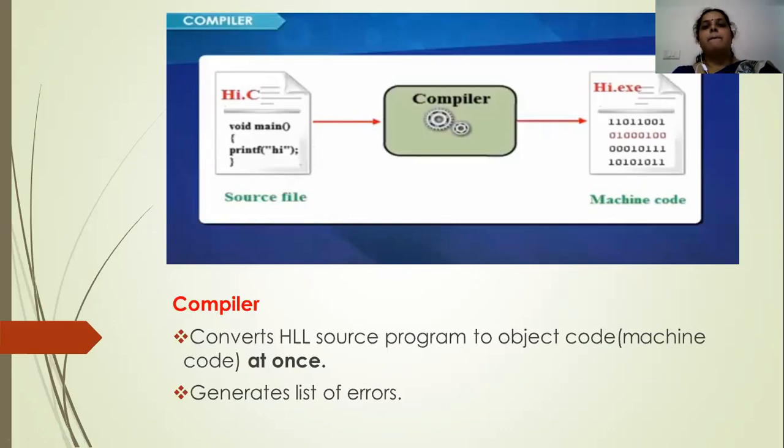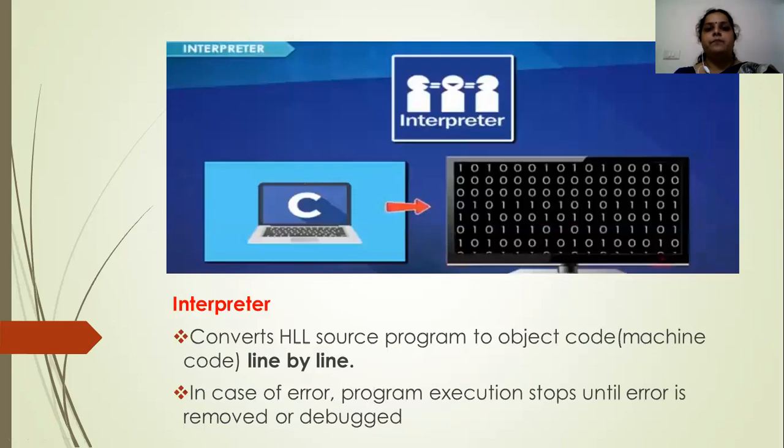But the compiler will convert the whole source program, that one single C++ program you have written, into object code and then give you a list of errors line wise, like on line 4 there is an error. You will remove it, or you will debug or rectify it.